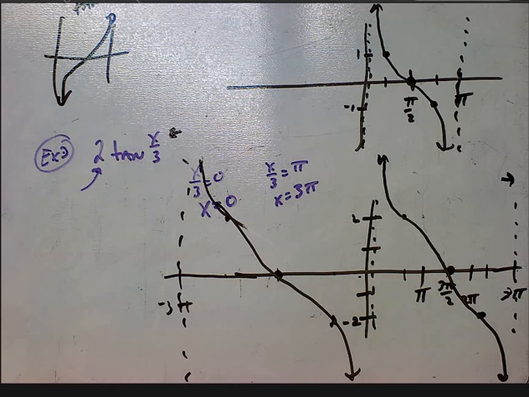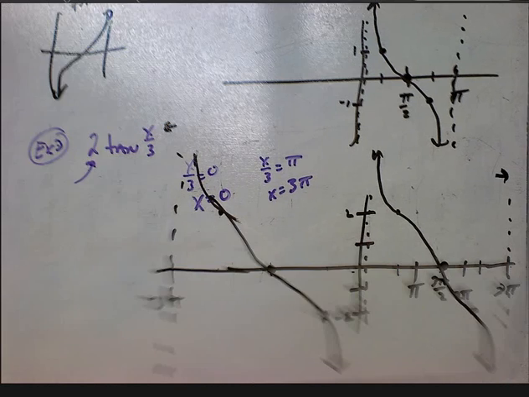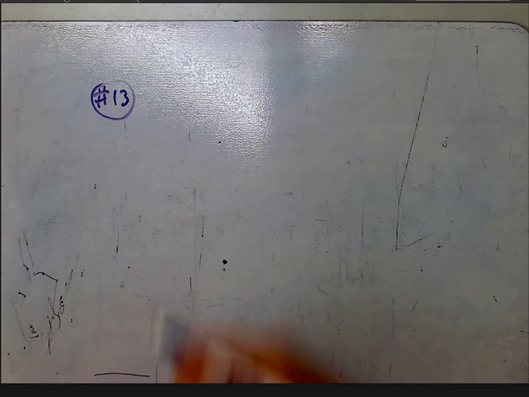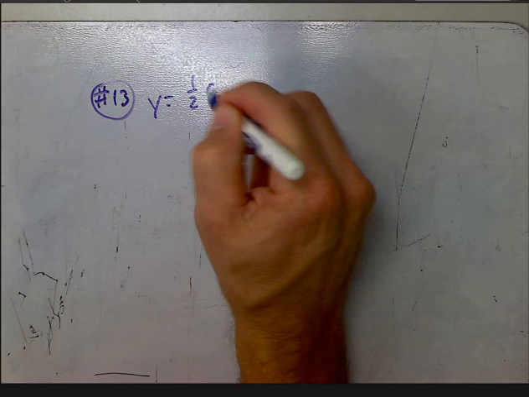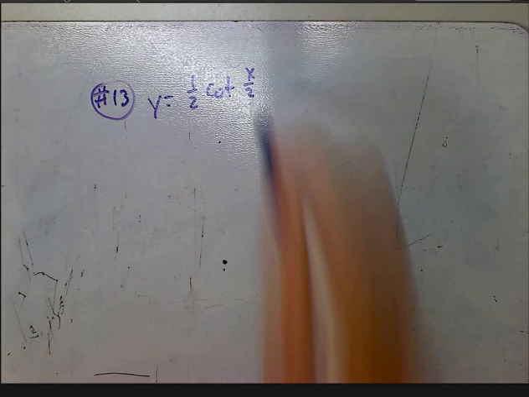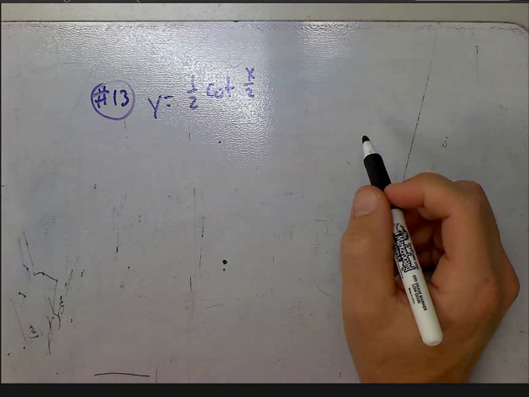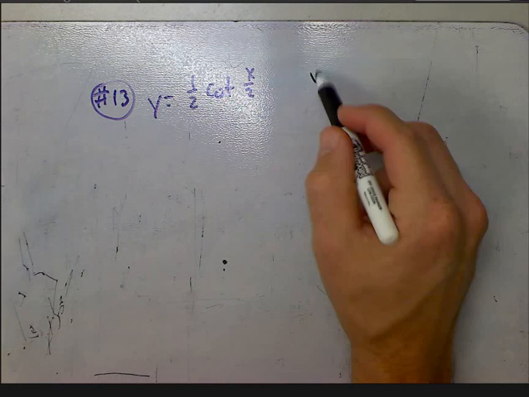Okay? I want you to go ahead and try number 13. And that is y equals 1/2 the cotangent of x over 2. Press pause. Come back so you can figure it out. Okay, first step is to find the asymptotes.